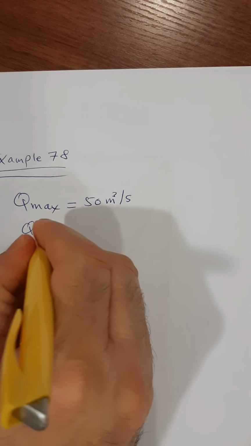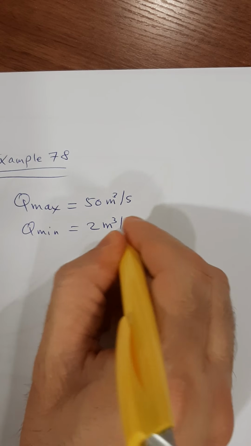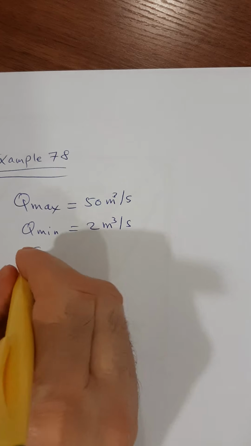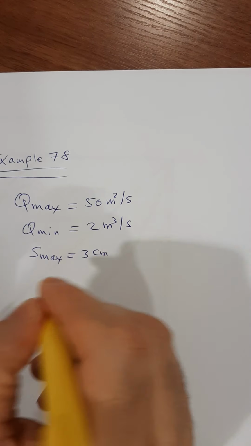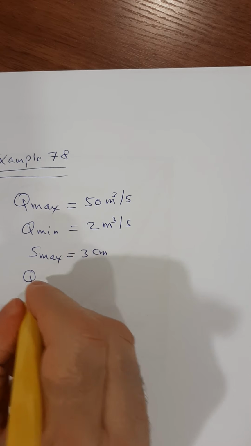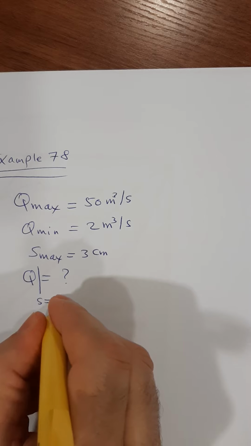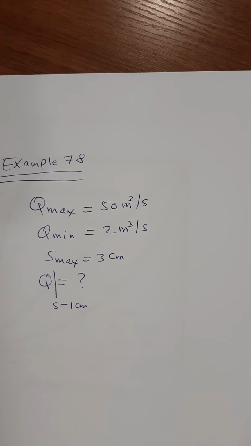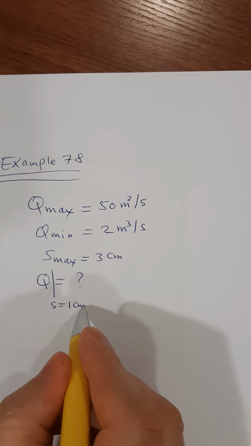So Q minimum is equal to 2 meter cubed per second. If the full travel S max is equal to 3 centimeters, find the flow at S equal to 1 centimeter. These are the given information, and we need to calculate the flow at S equal to 1 centimeter.